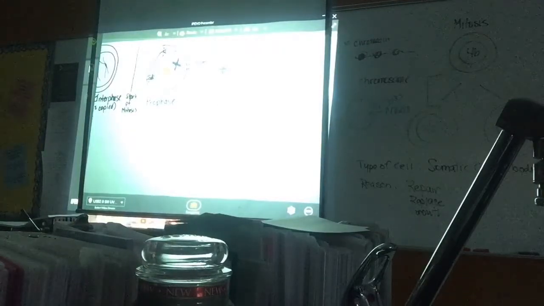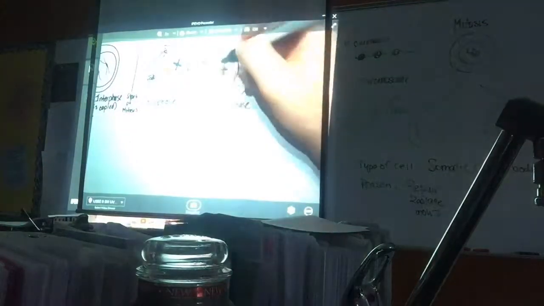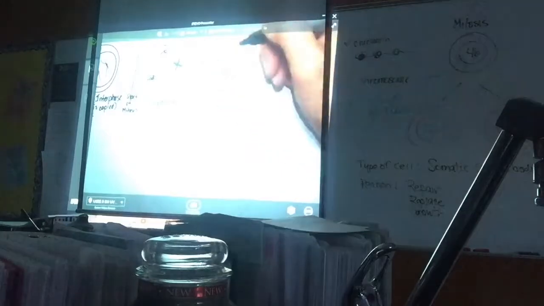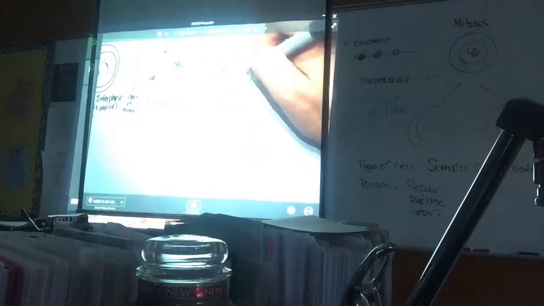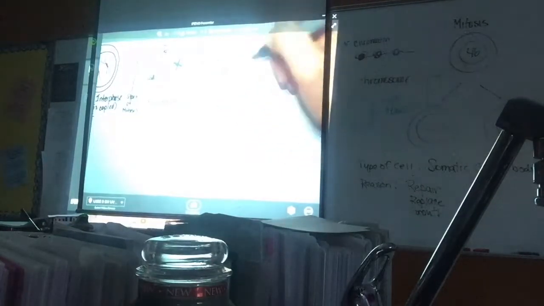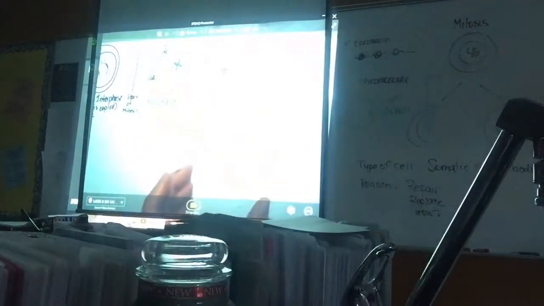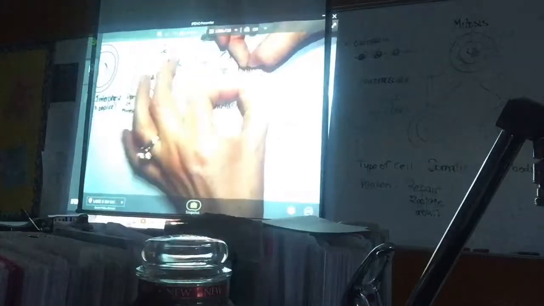Some microtubules' job is to attach to the chromosomes. Other microtubules' job is to elongate the cell. So I'm going to draw two that overlap like this, two that overlap like this. They're going to grow and elongate the cell this way, because we're going to end up splitting the cell in half. So there are two different types of microtubules there.